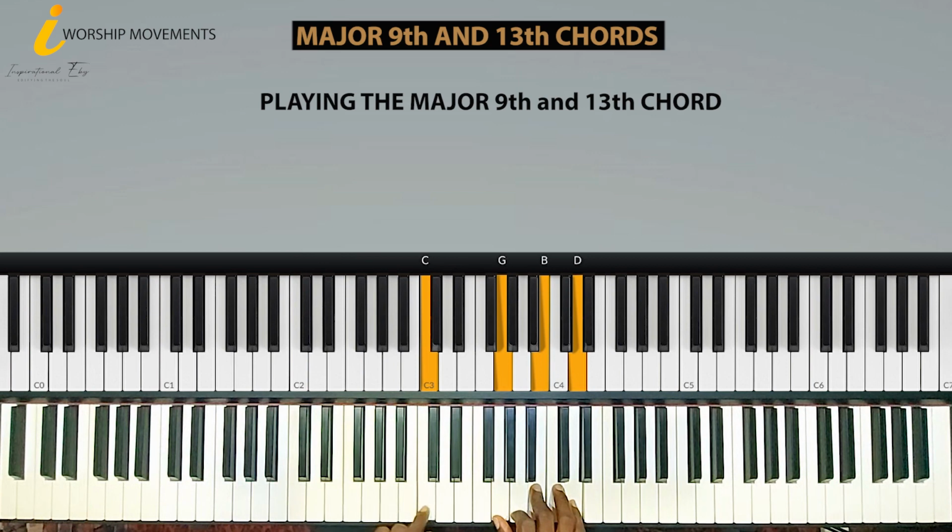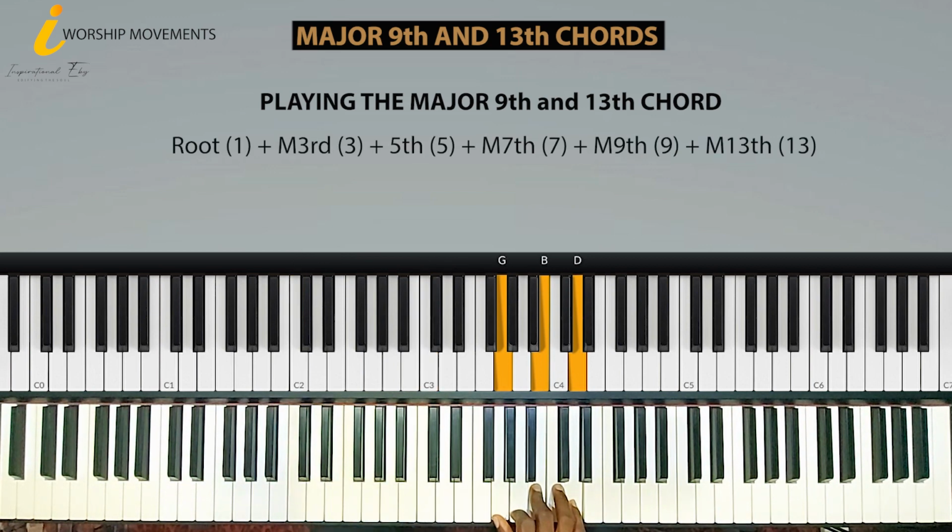Now let's look at the notes once again. Remember, the C major 9 will have the root, the major third, the perfect 5th, the major 7th, and that major 9th. So we have the root, the perfect 5th, the major 7th, the major 9. But one note is missing, which is the major third.